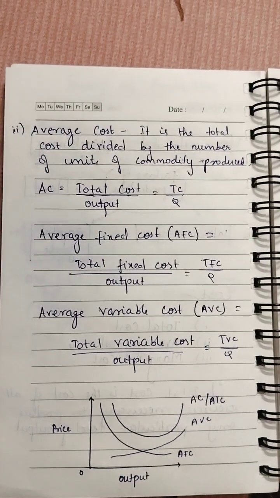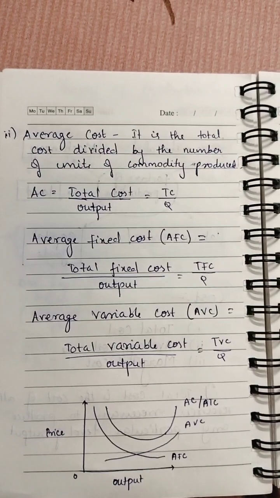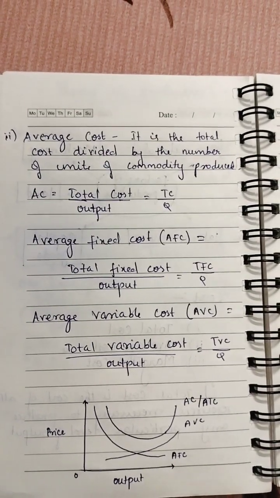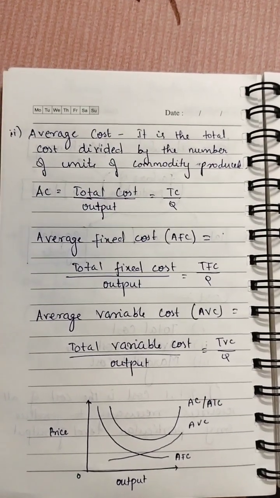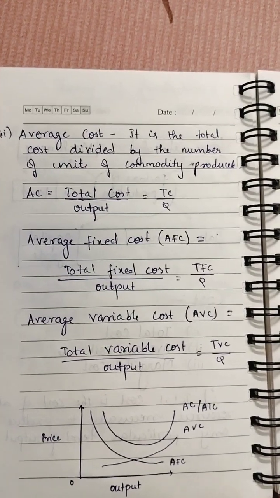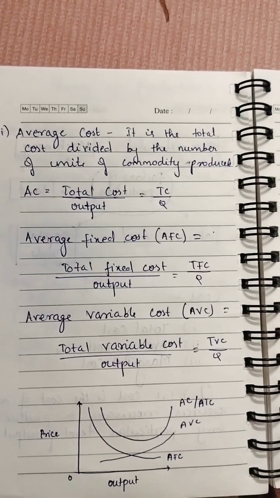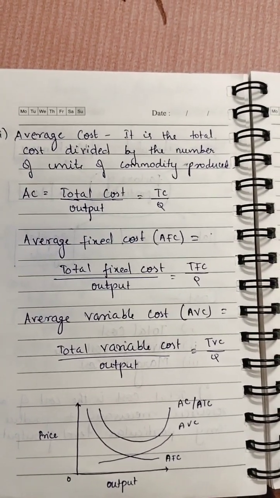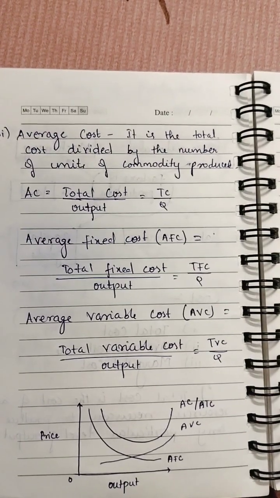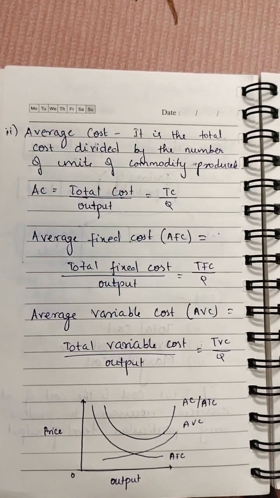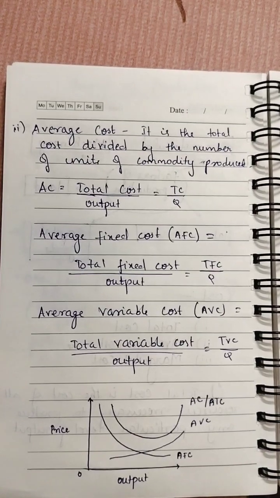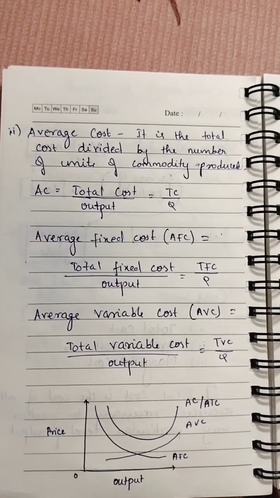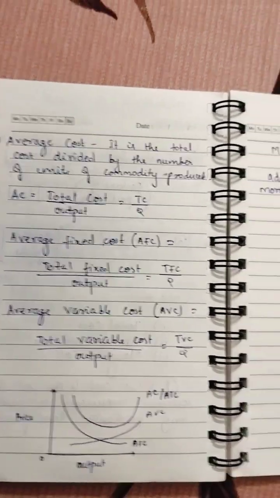To get ATC, which represents average cost, we have to add AFC plus AVC. That is, we add the amount of average fixed cost and average variable cost to get average cost.